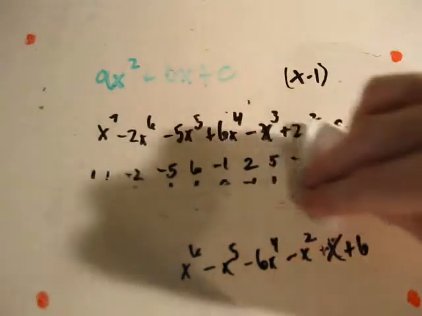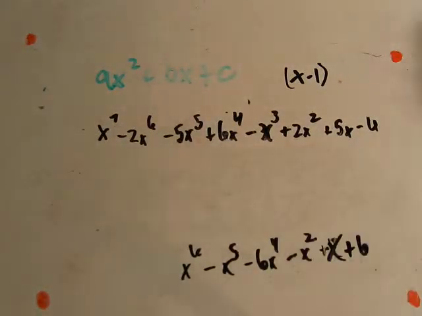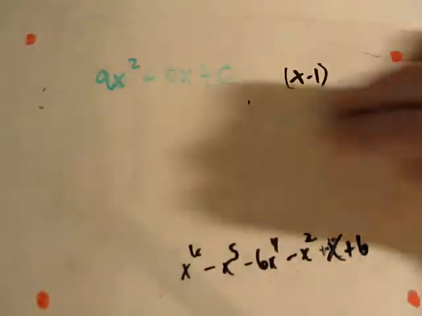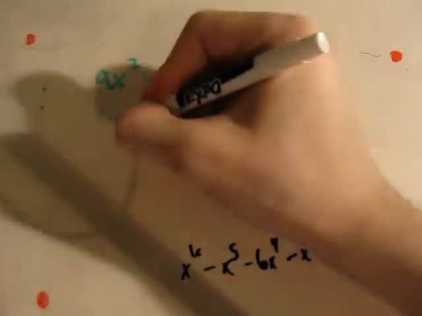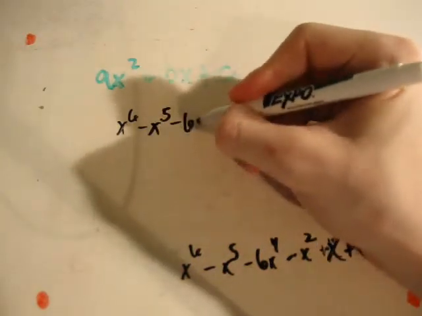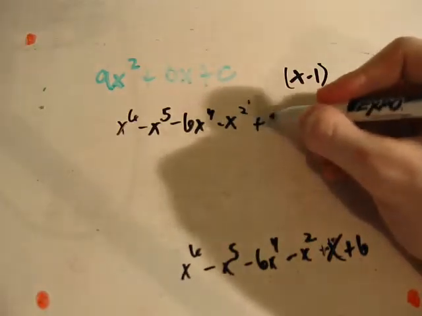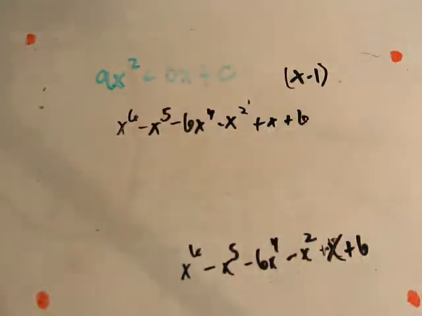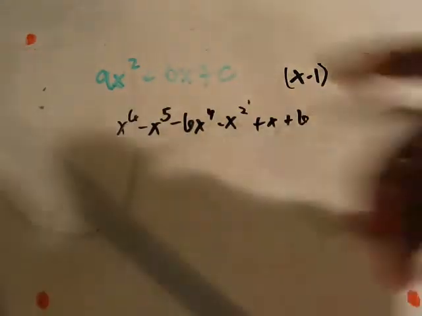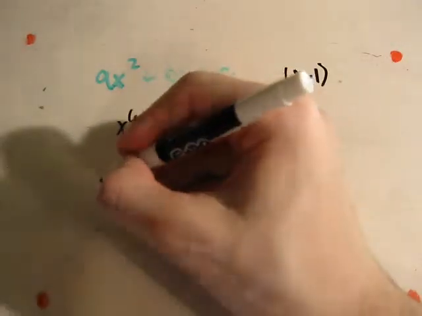So now what do we do with this? Well, from here we continue doing what we did before, and that's take the coefficients of our new polynomial and then convert them into the synthetic division problem.